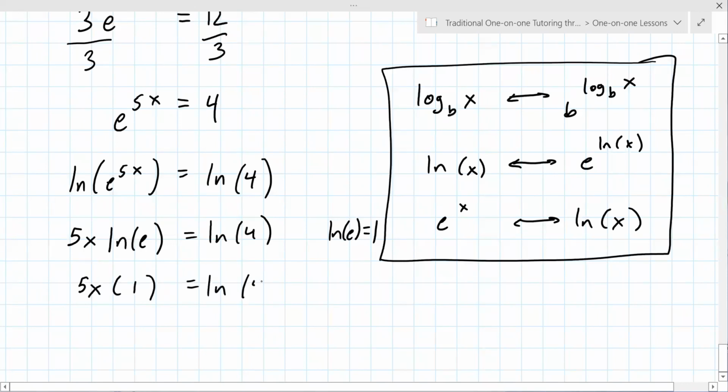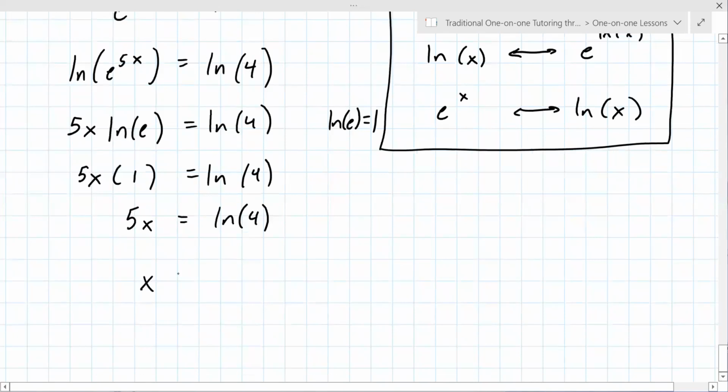I mean, that's kind of extreme, but that is the full everything. So then it's just ln 4 over 5, and you just leave it like that. That's your final answer. Okay. There's nothing more you can do from that point.